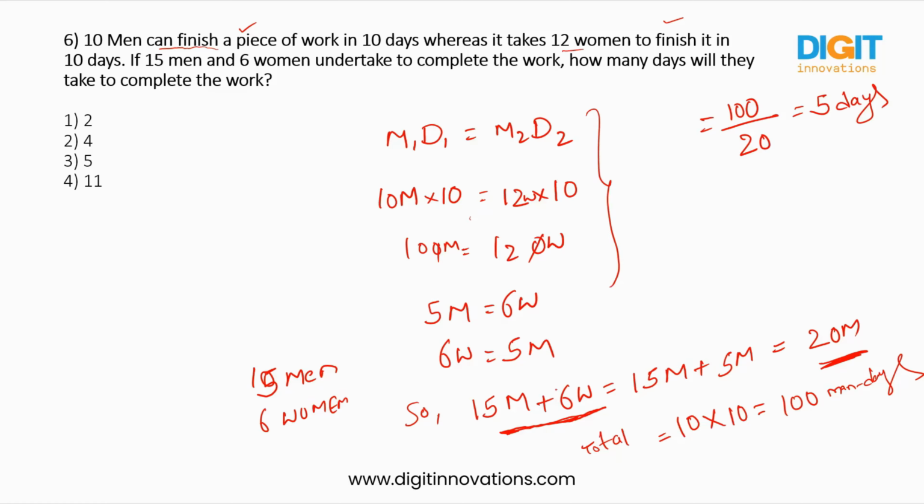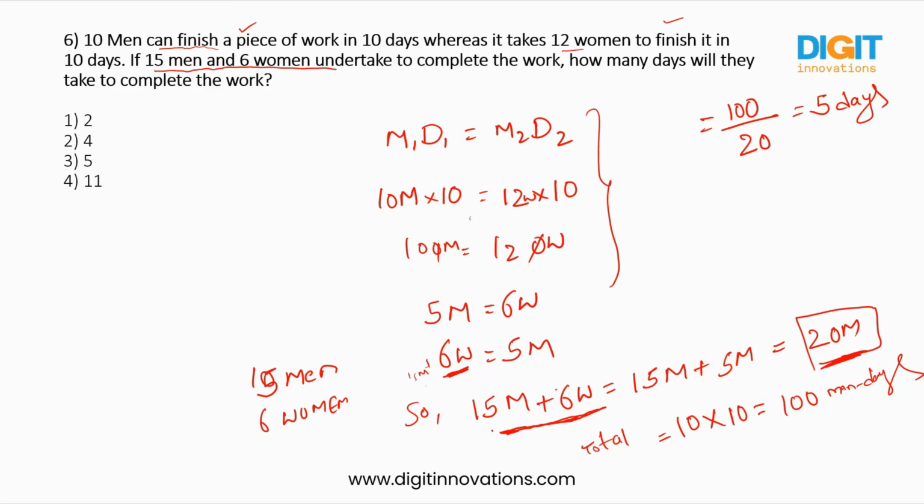Next, they are asking what time they will take to complete using 15 men and 6 women. So we already have 6 women here, so we are just adding 15 men here. We are taking everything into one type, men. So I'm adding 15 men here and 15 men here, then they will become, in this equation, a total of 20 men.